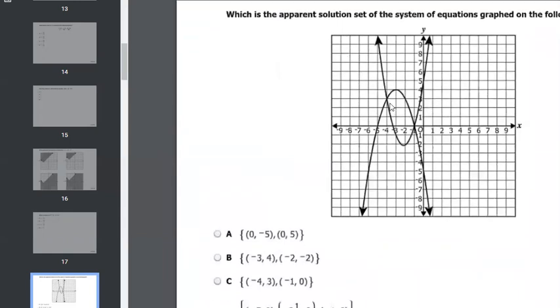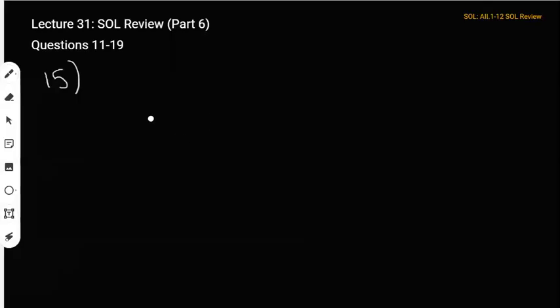So starting on the left side, they cross where? Which x value do they cross at? Okay, so -4 and -1. So those are going to be my x values.